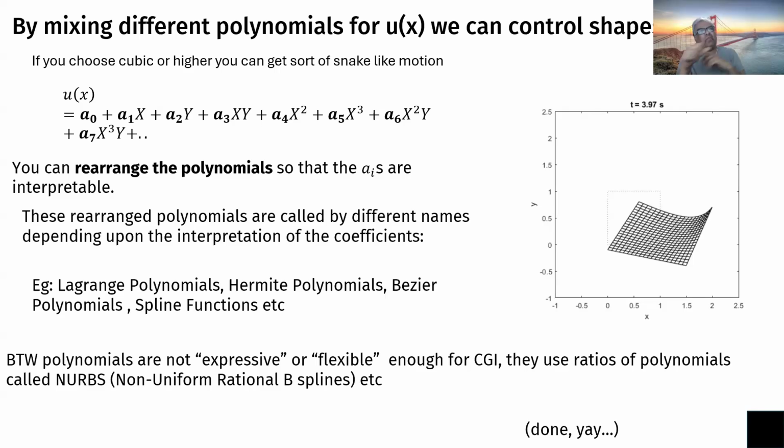They are not very flexible. So especially for CGI and other things, they're not super flexible. So what they do there is to use ratios of polynomials. And these ratios are called NURBs, non-uniform rational B-splines. There are other things which are called T-splines and all kinds of things. Very advanced stuff has been done just by trying to say what kind of polynomials to use.